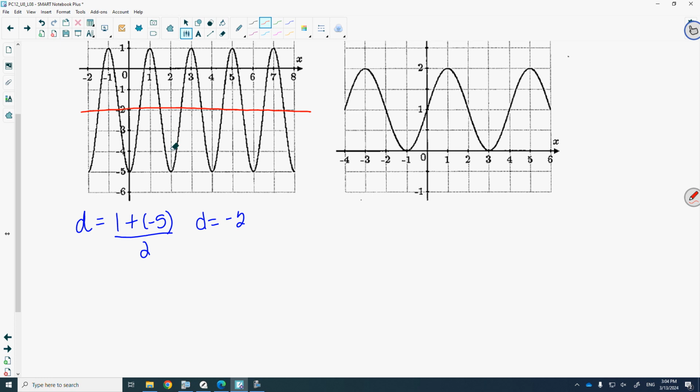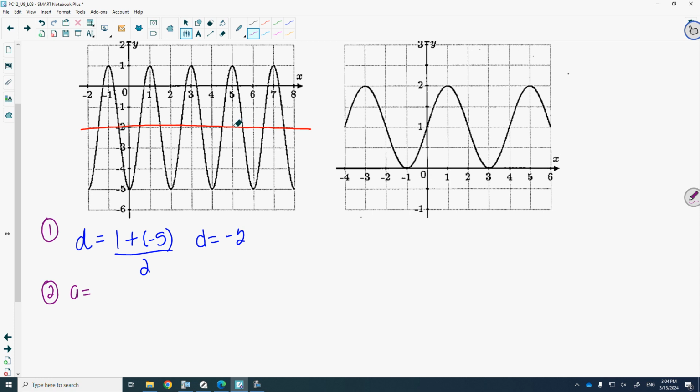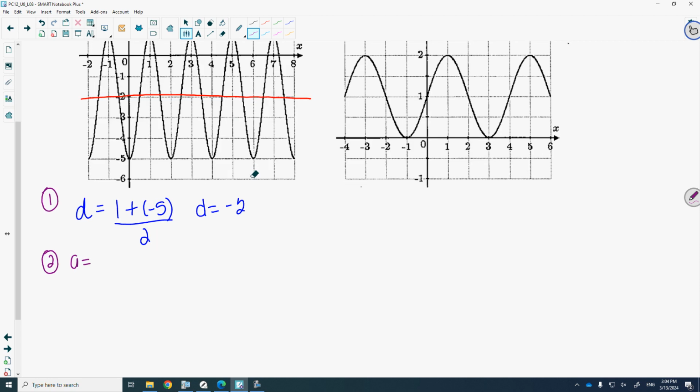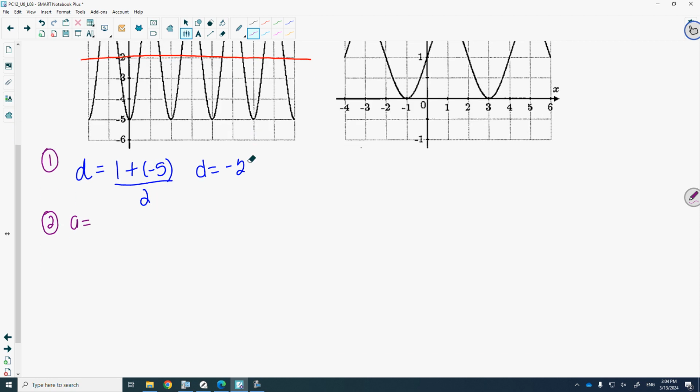Okay, from the midline, we want to be able to figure out what the amplitude is. So first, you always figure out your midline. Second, you're always going to figure out your amplitude, which is your A value. So the amplitude of this graph, when I count from the midline, I could count 1, 2, 3 units up, or from the midline to my min, 1, 2, 3 units down. So my amplitude is 3 units.